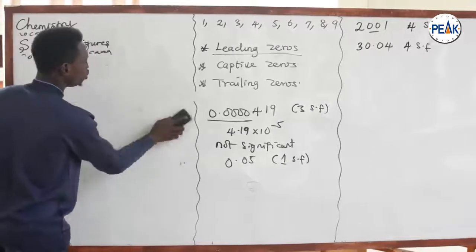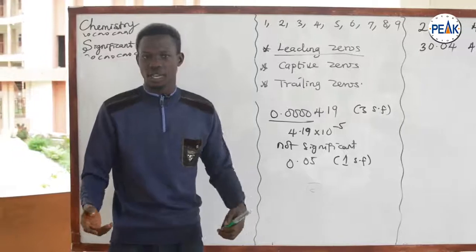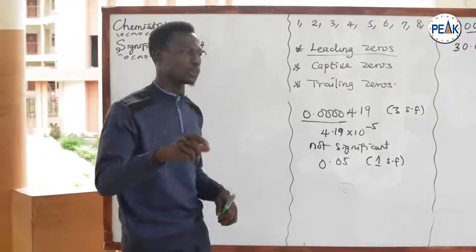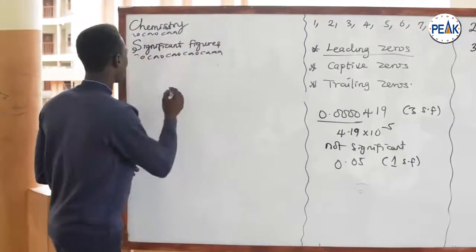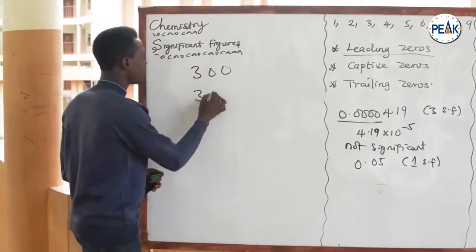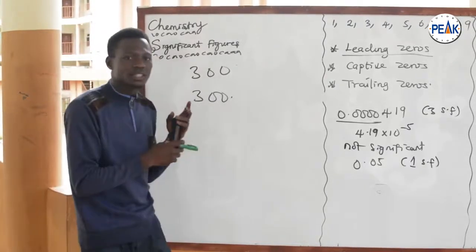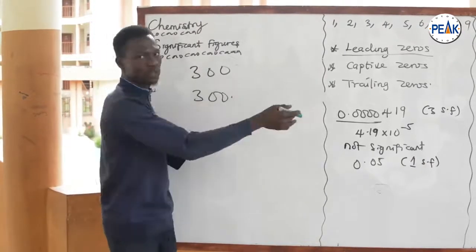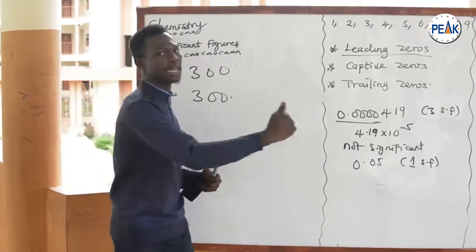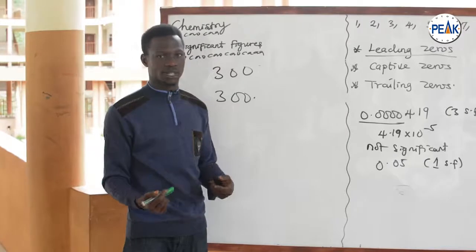Now, you should know that trailing zeros may or may not be significant depending on the form in which they come. Trailing zeros are zeros that are at the terminal right of a digit. They are zeros that end a figure. Now, they may or may not be significant, like I've said before.